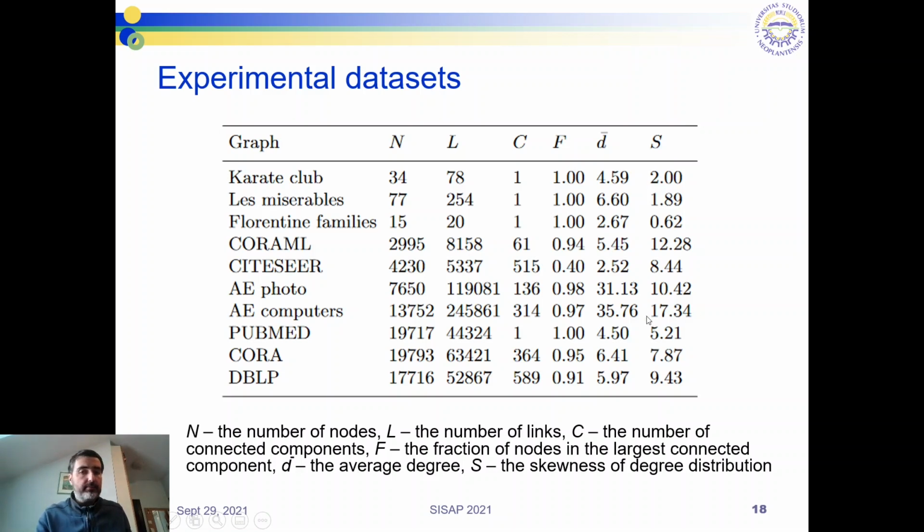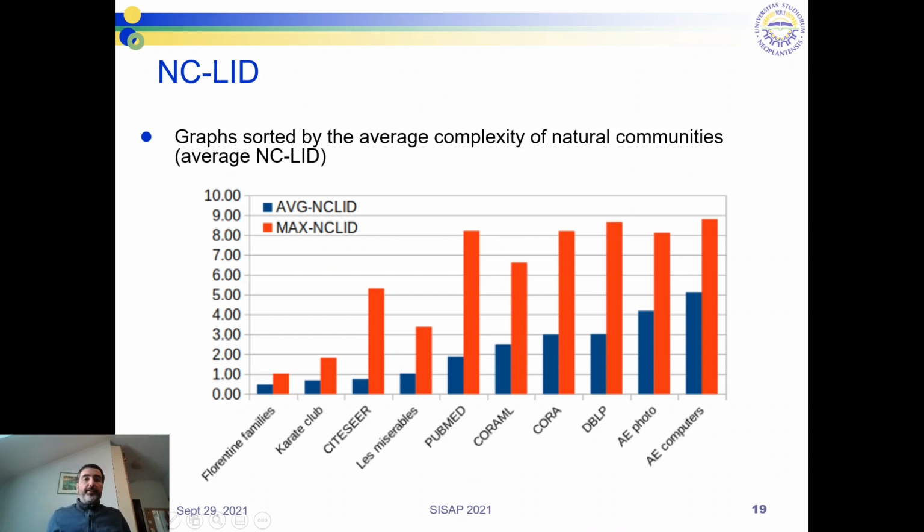For this value of 17, it's a pretty high number, so we can expect to have hubs, and here we don't expect hubs.